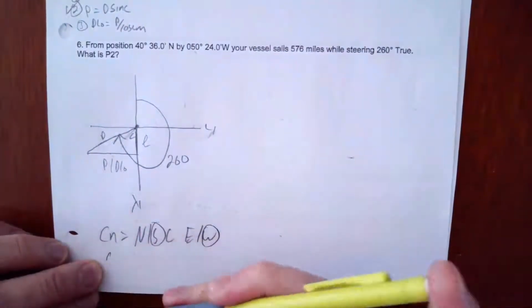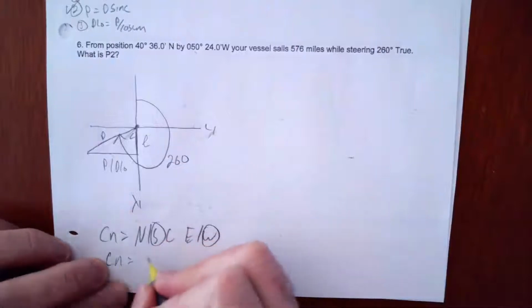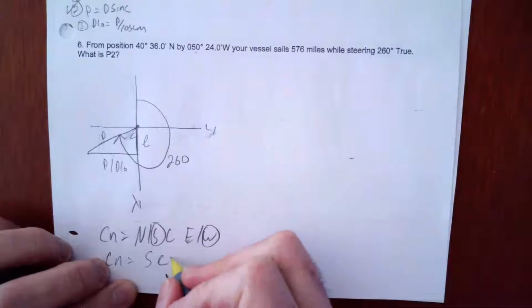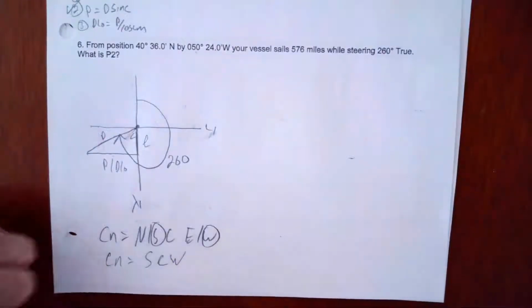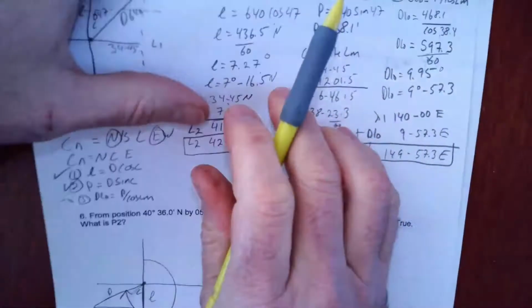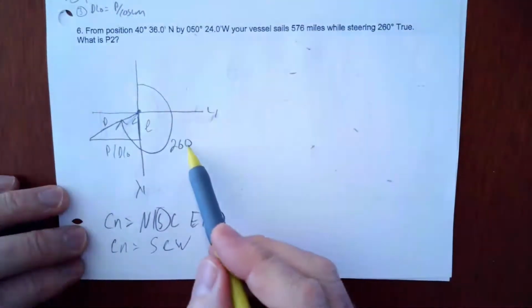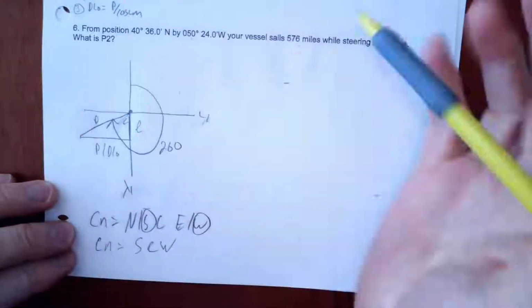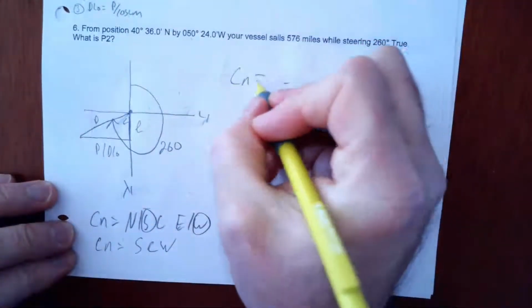So CN is south, C, west. I'm going to be using the C over here, and technically I don't want to stick 260 in there. I want to stick this internal angle in there. So I want to convert CN to C.